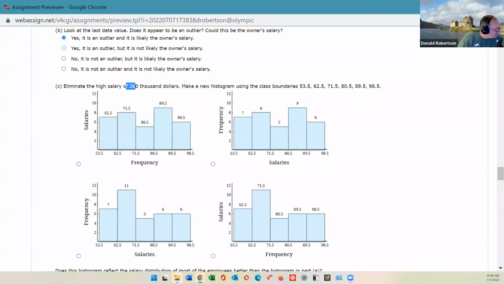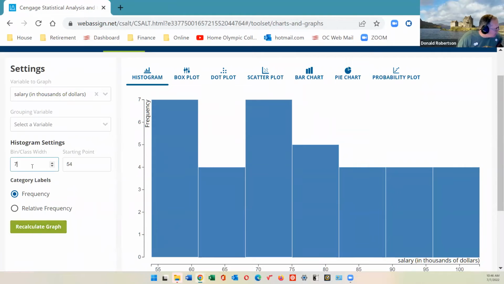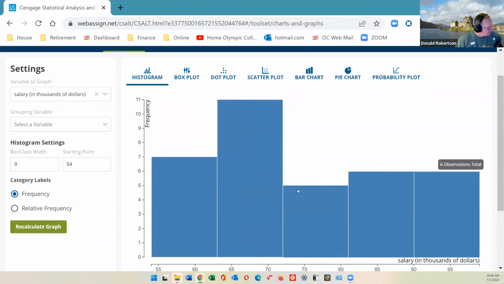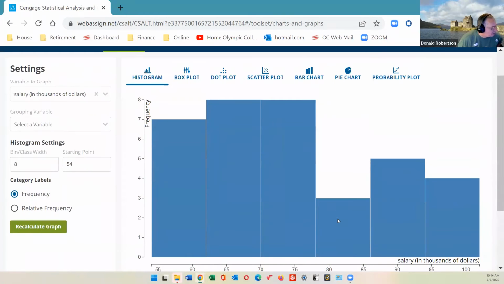If you take out the 280, but you do this now. Okay, now when I look at that, there's 1, 2, 3, 4, 5, 1, 2, 3, 4, 5, 6. So I'm going to go back to my guy, and I made that 7. But really, I should probably make it 9. There we go. That's good. Let's try 8. I want 6 if I can get away with it. Yeah, that looks good.